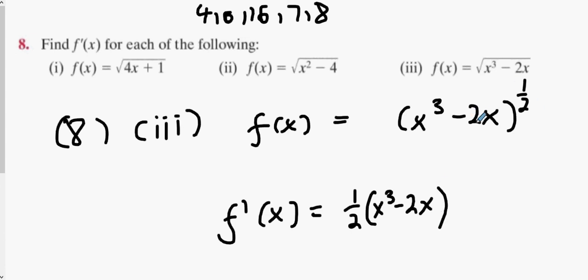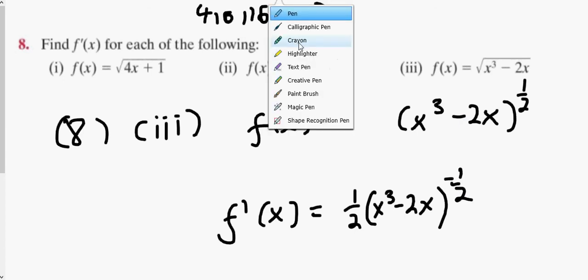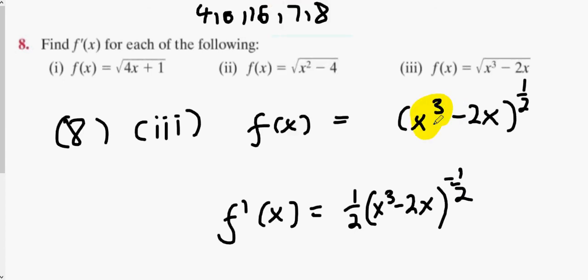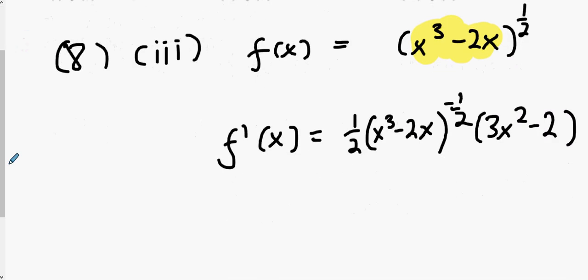Alright guys, take 1 away from the power. Now, differentiate the missing part. So differentiate the x cubed minus 2x and what do you get? 3x squared minus 2. Alright, now, presenting this is going to be awkward. We haven't done a thing wrong, that's the answer.